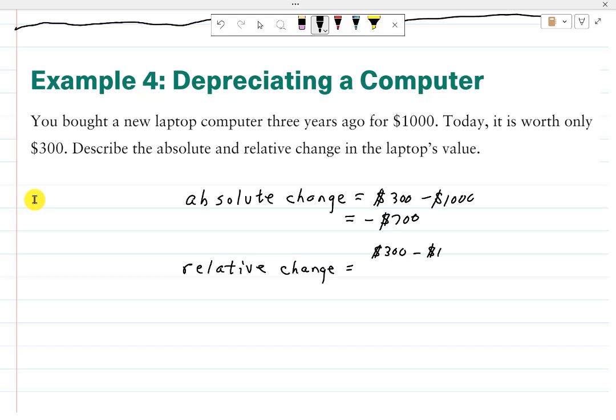The old value was $1,000. The old value, $1,000. And then I've got to multiply this by 100%. So you'll get negative 0.7 times 100%, which is negative 70%.